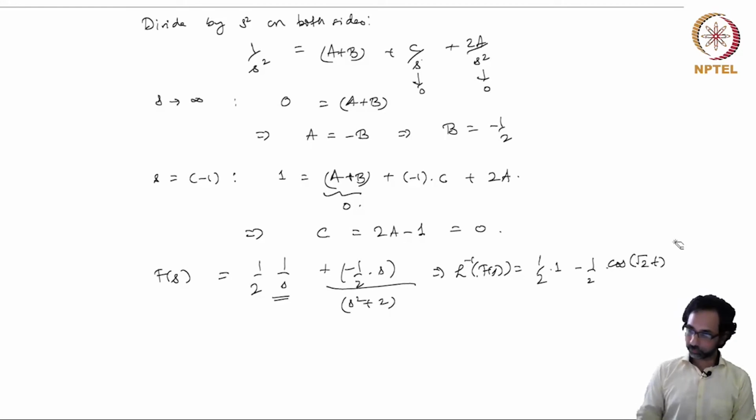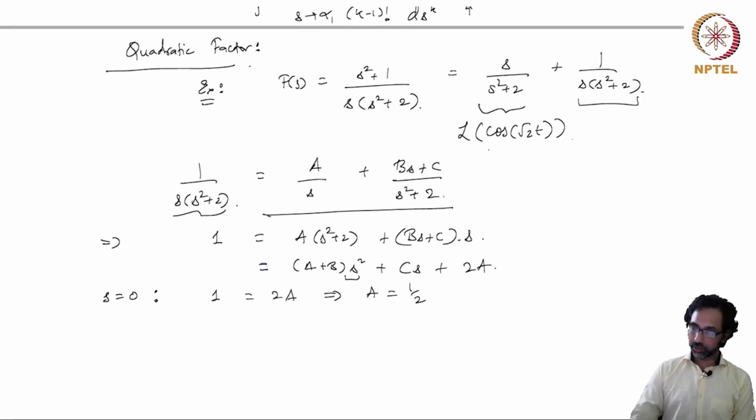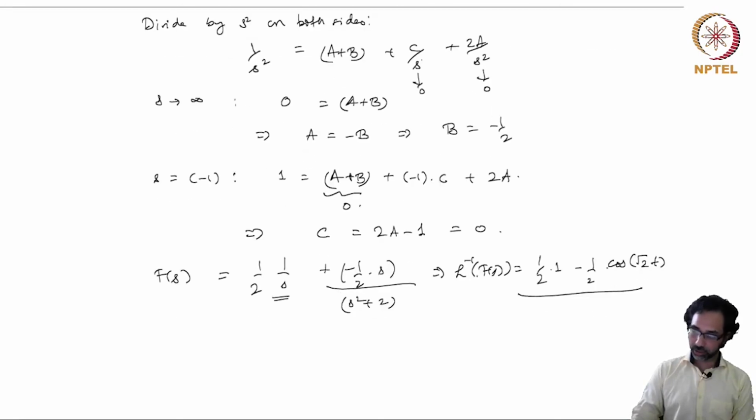So we find this part of the inverse Laplace transform, and then you can add it to this part to get the final answer as well. This is our F(s) here, let me call it F1(s), and so F1(s) plus cos of root 2 t will give you the inverse Laplace transform of F(s).